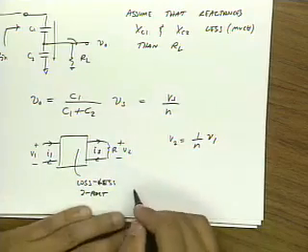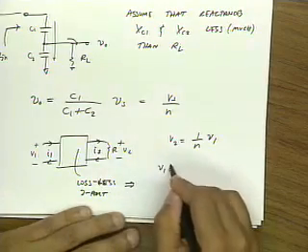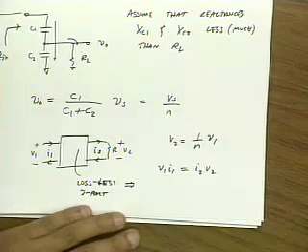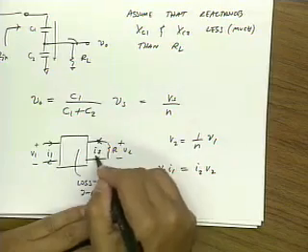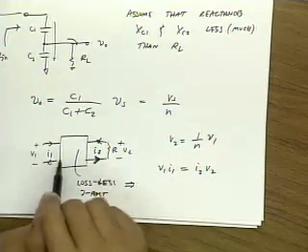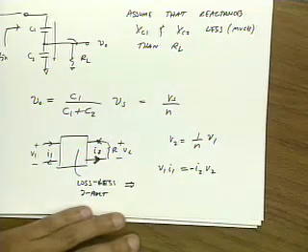Well, because it's lossless, that implies that V1 I1 has to equal V2 I2, right? Actually, I2 is defined in this direction. It's the current going into the two ports. So whatever power I put in should equal minus the power I take out, because it's lossless.